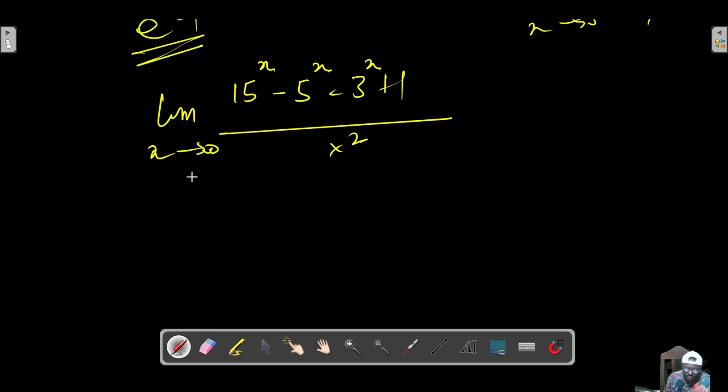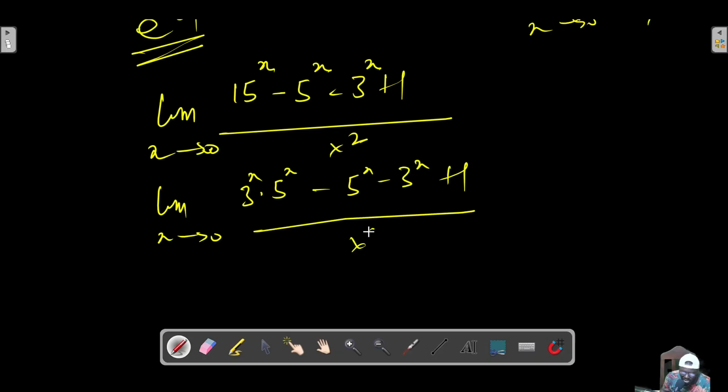I can separate the 15 raised to the power x. I can rewrite it as 3 raised to the power x multiplying 5 raised to the power x, minus 5 to the x, minus 3 raised to the power x plus 1, all on x squared.